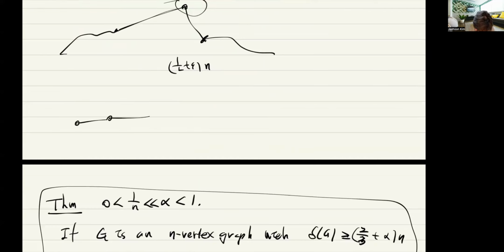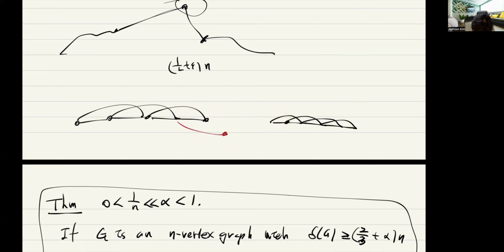But for the square of a path, how do you connect it? In order to connect it, it's a bit more complicated structure. So it's not as simple as this. So you have to be able to connect it.